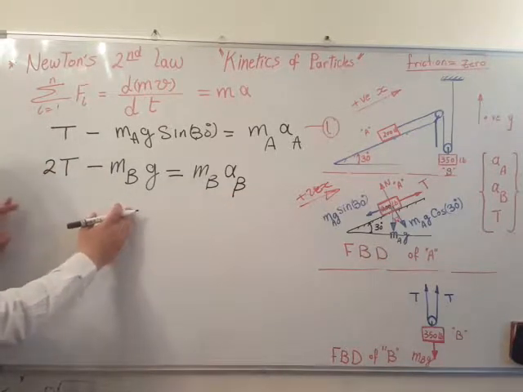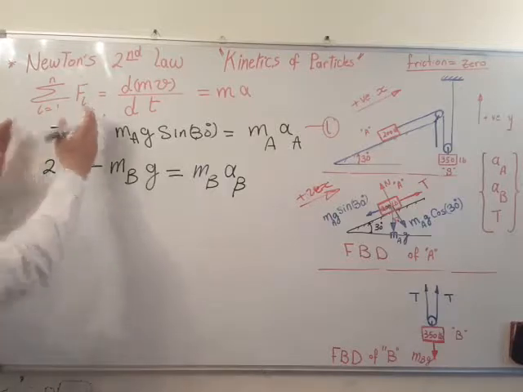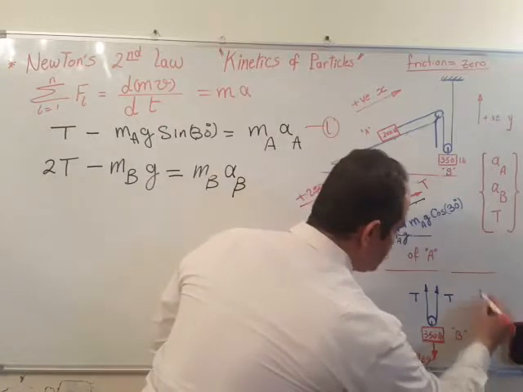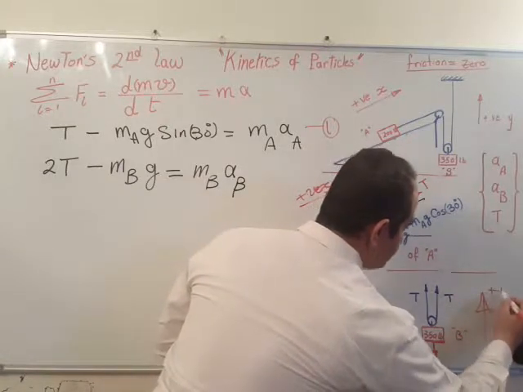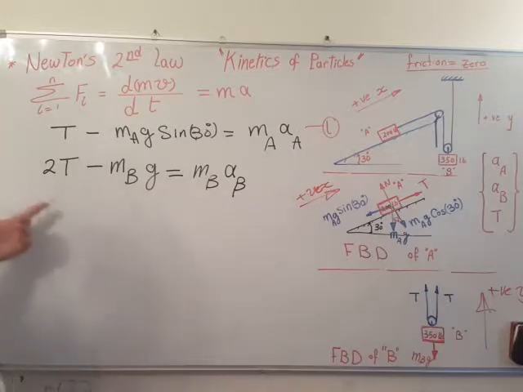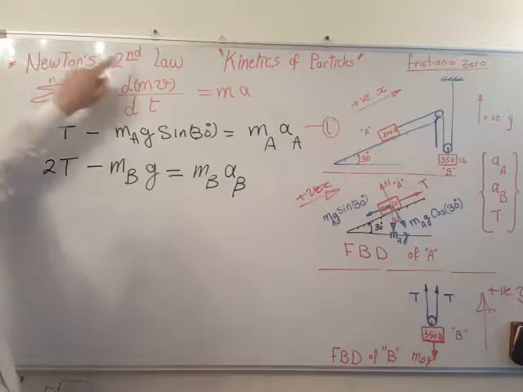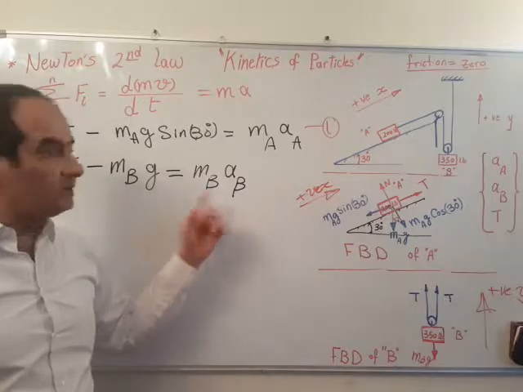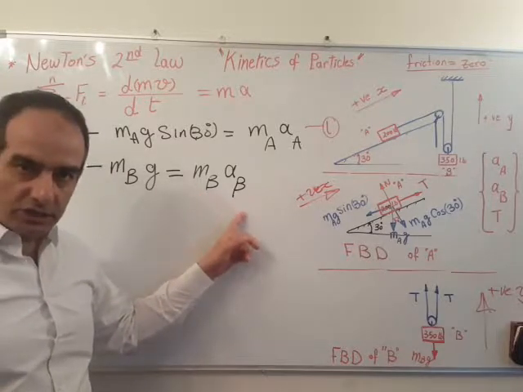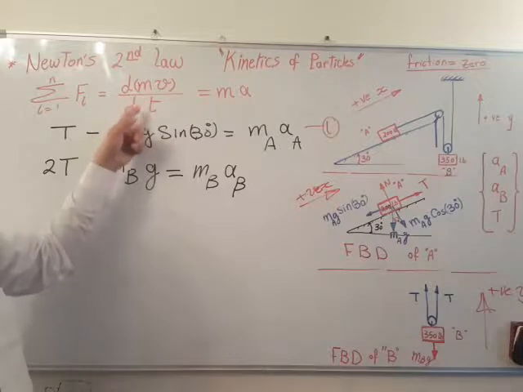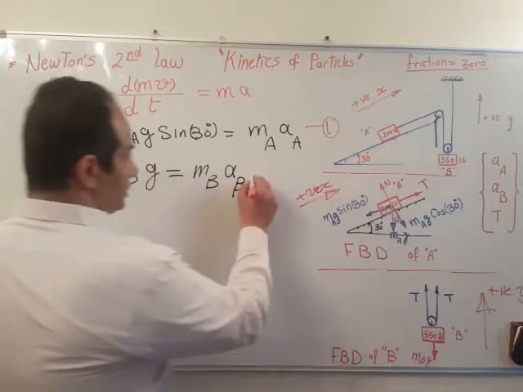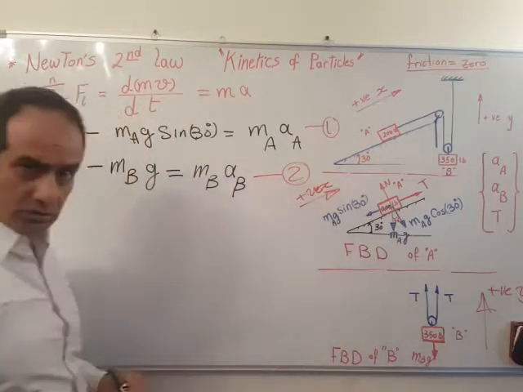This left side represents the summation of forces in direction Y. Remember, this is the positive direction of Y. So the left side represents the summation of forces according to Newton's second law, and the right side represents mass times the acceleration, or the differentiation of the momentum with respect to time. You can call this equation 2.